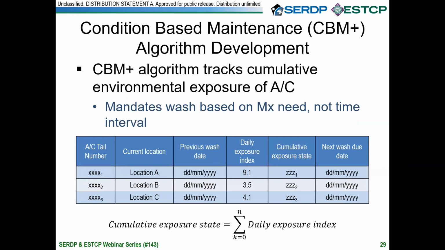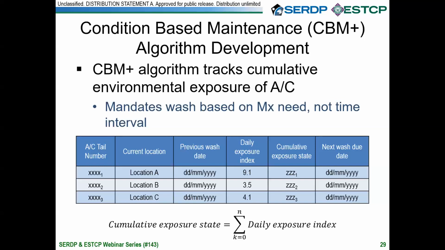So the CVM Plus algorithm is tracking cumulative environmental exposure of the aircraft based on where they are at any given time. Generally, they're at their home station, but they take TDYs out to various places and should be washed accordingly. So it's a little bit of a change from what's currently in the TO. They're based on their need, not on a set calendar interval from their home station. So you can see there a slightly different table: aircraft tail number, its current location, which would also include where it's been.